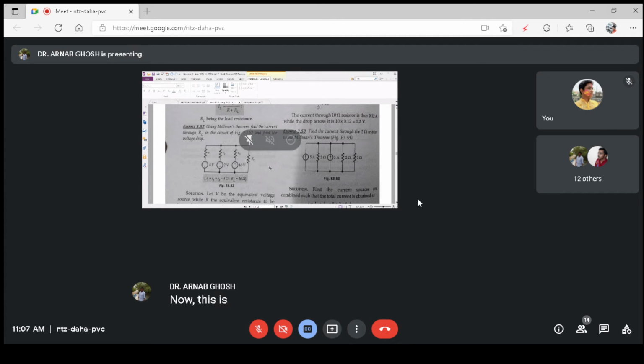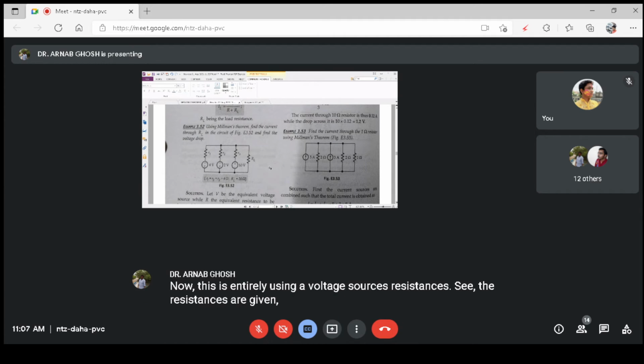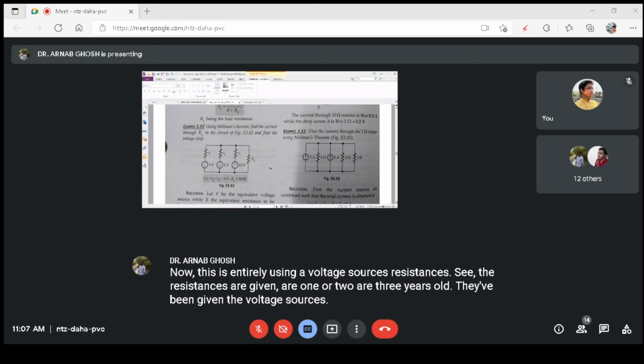Now this is entirely using a voltage source. Resistances are given, R1, R2, R3 as 4 ohm. They have been given the voltage sources. So this will be easier to do.